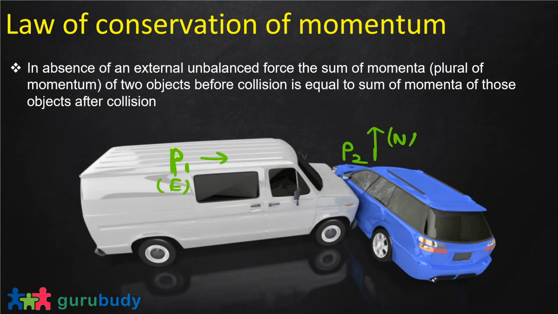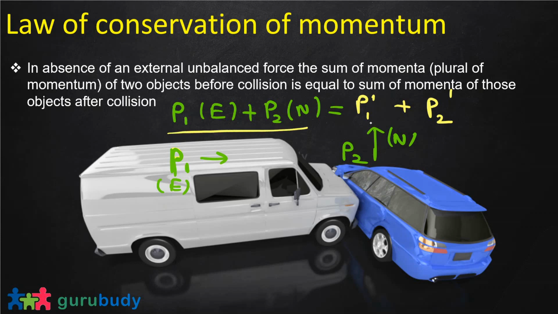So what this definition is telling me is that p1 in the east plus p2 in the north, this is before. After would be p1' and p2', whatever the directions. So the sum of momentum in the beginning is equal to the sum of momentum after the collision.